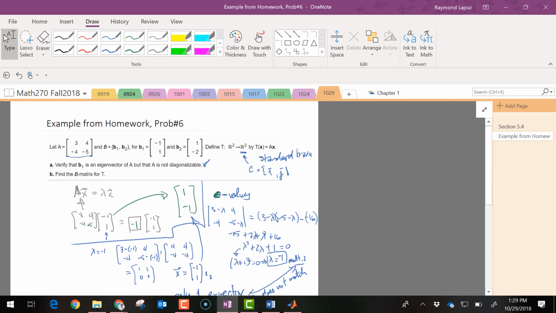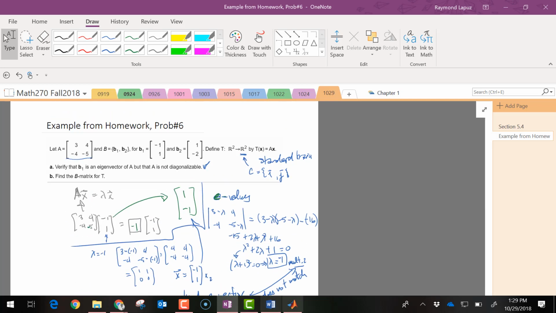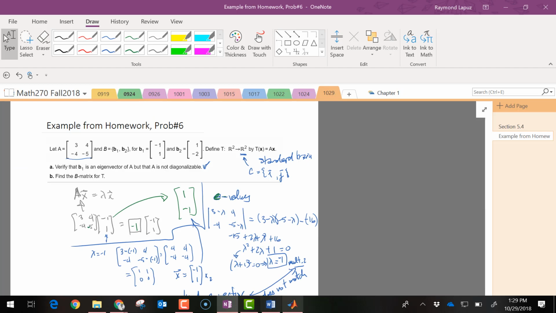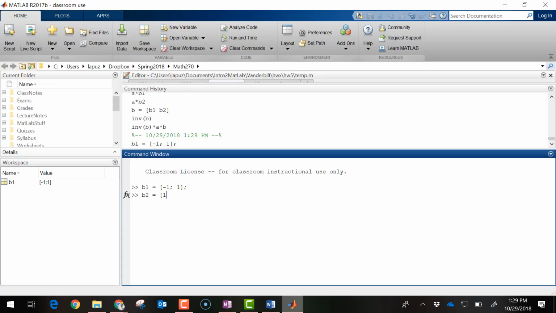So -1, 1. -1, 1. So B2 is 1, -2. So your B matrix, then your P matrix is this.